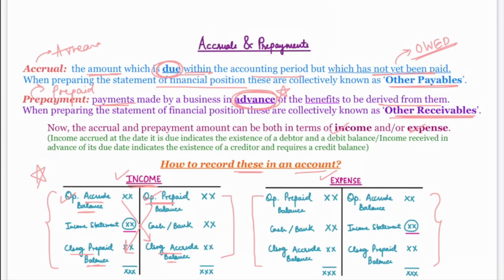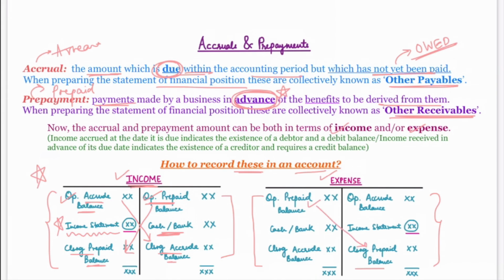Then one thing you will need to remember is that the cash bank will come on the credit side in case of income, and then you'll have to total it out. After totaling, the balance amount in the income account will be carried forward to the income statement. Now let's see the case of expense. The expense account is the complete 180 degrees of the income account. The opening prepaid balance will come on the debit side.